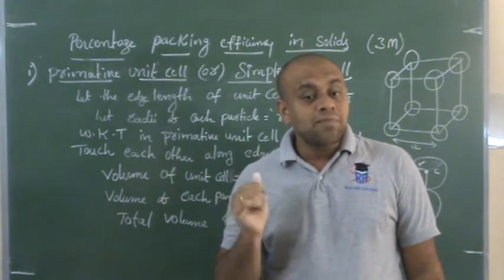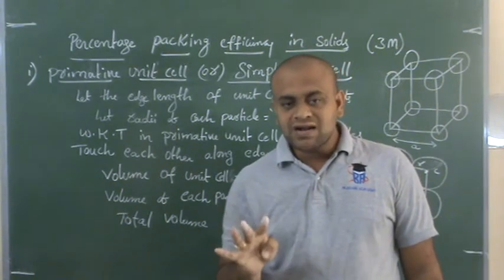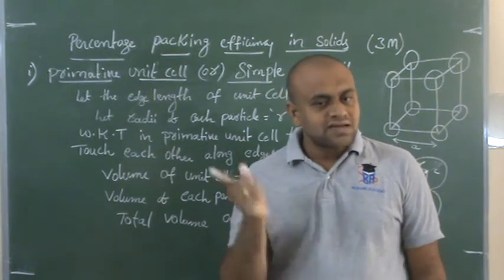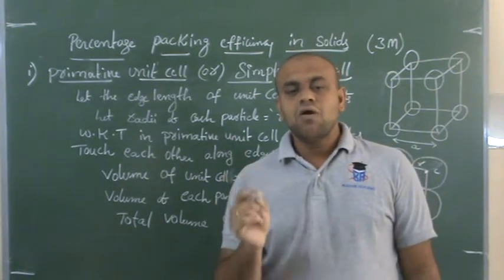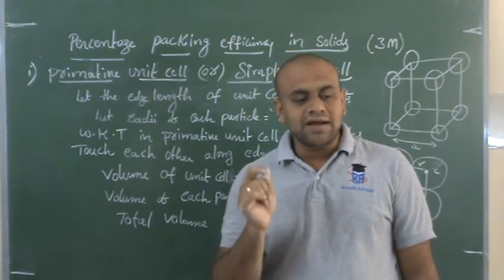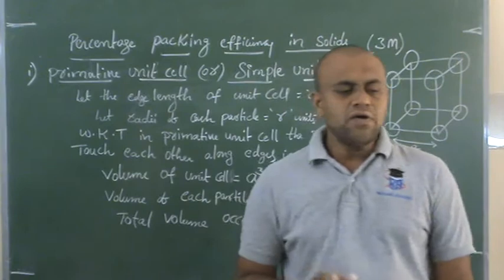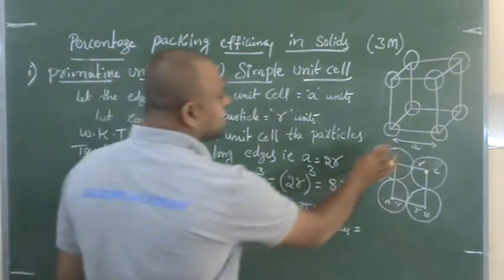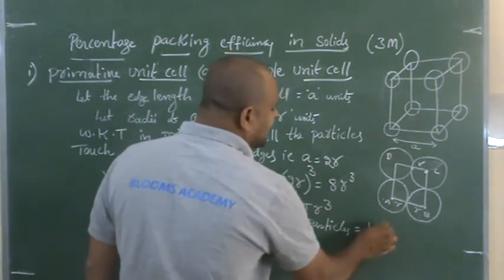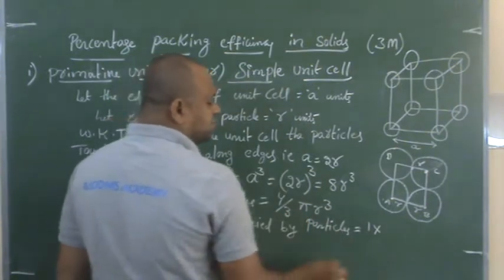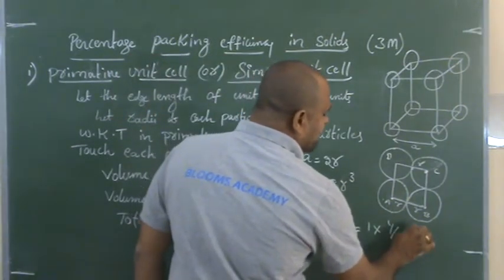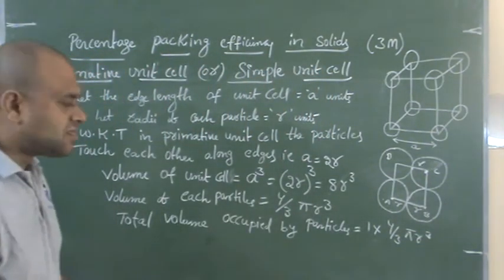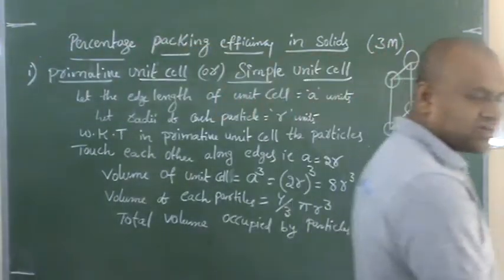In FCC, how many particles are there? 4 particles. In BCC, how many particles are there? 2 particles. Refer to previous classes. So I clearly explained the number of particles in a unit cell. So now you can see here, total volume occupied by the particles is equal to, in a primitive unit cell, 1 particle into the volume of each particle, 4 by 3 pi r cube. Note down up to here, so I will calculate the packing efficiency. Note down till there.